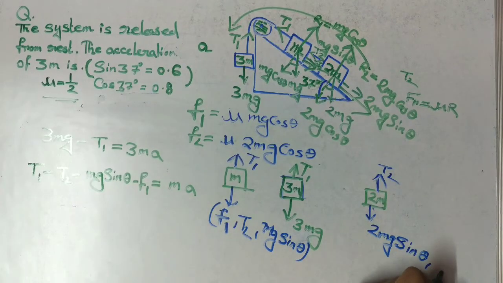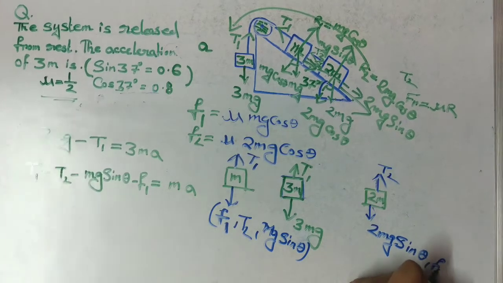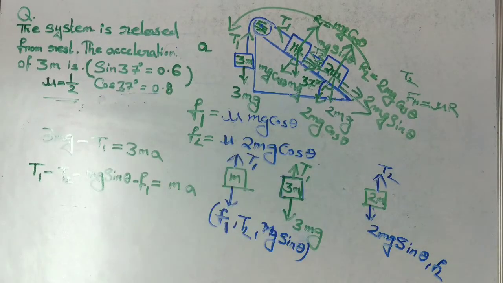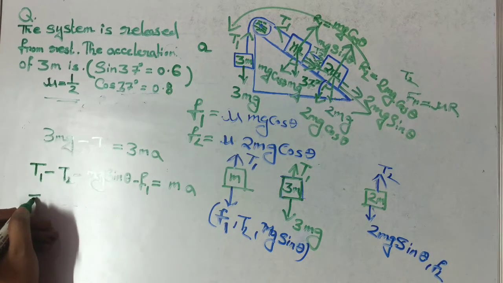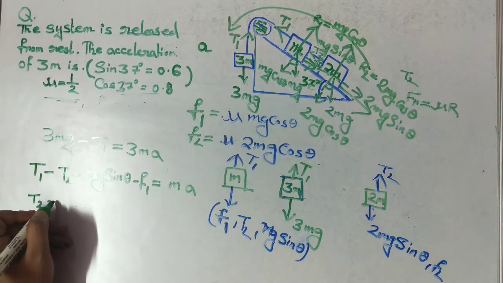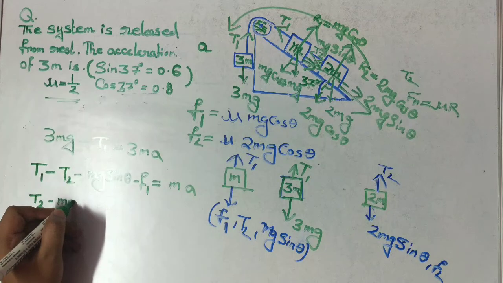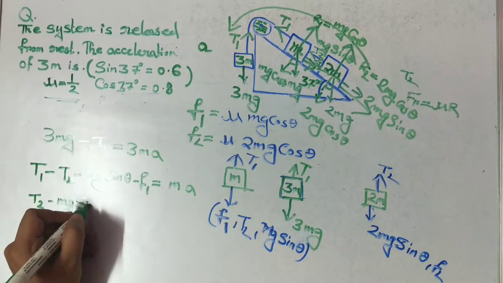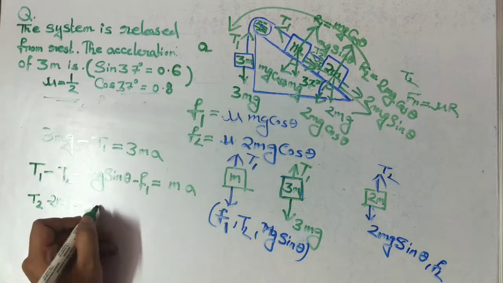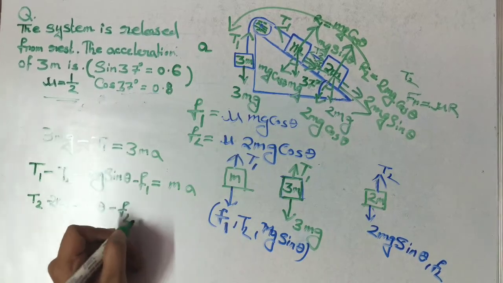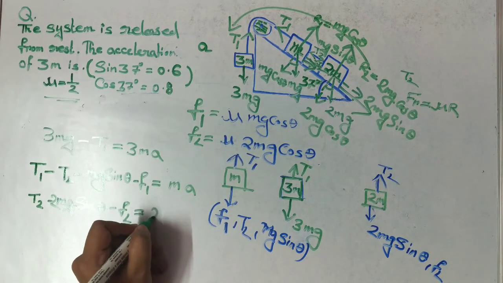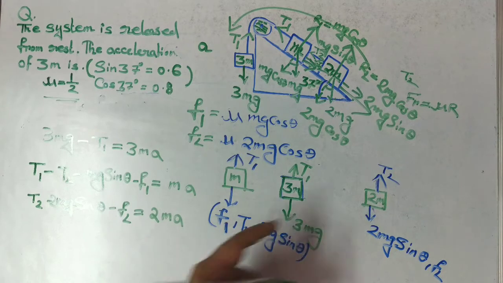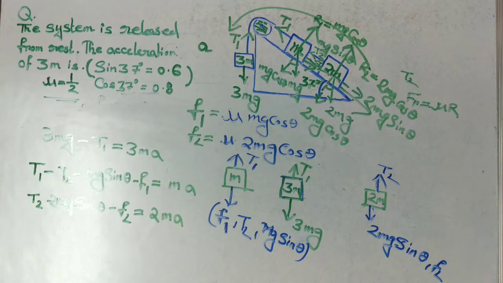And also the frictional force F2, which we calculated. So we can write the equation as T2 minus 2mg sin theta minus F2 equals 2ma, right? The acceleration will be a, so the force associated with the acceleration in the 2m mass will be 2ma. So we got 3 equations, right?